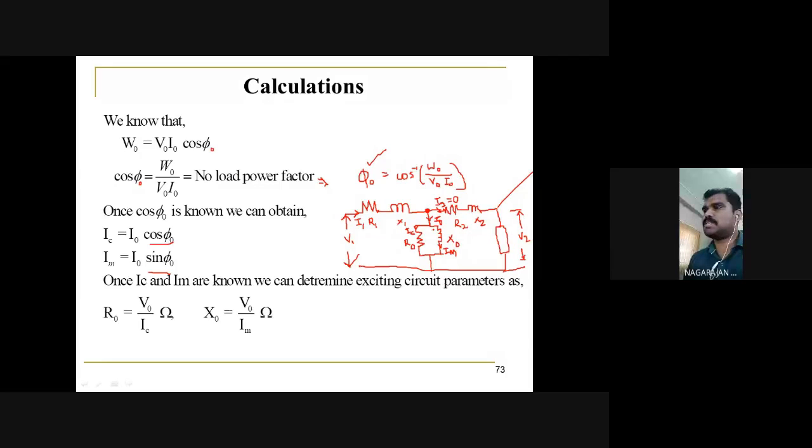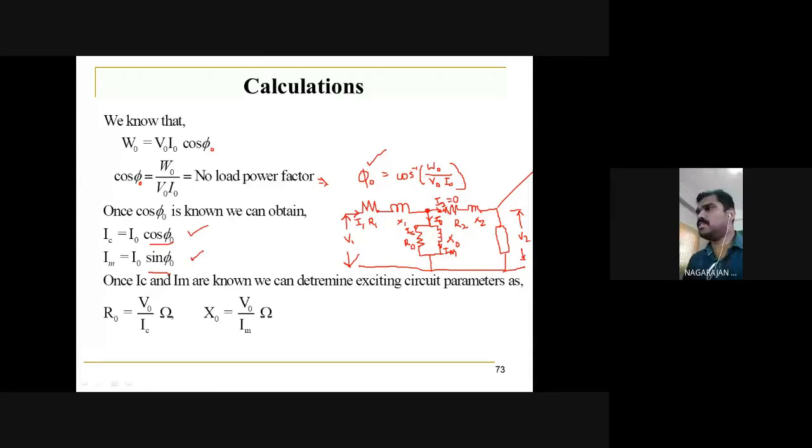I0 is passing through R0 and X0. One is IC, another one is IM. For finding out the IC value, we use this equation. For finding out the IM value, we use this equation.